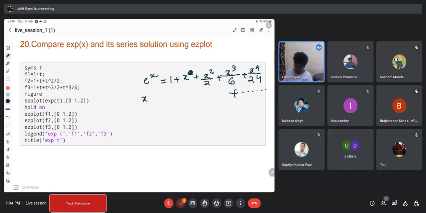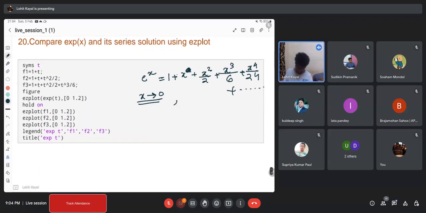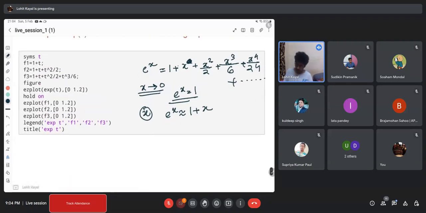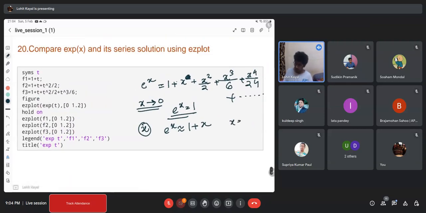Now when x tends to 0, e to the power x equals 1. We all know that. For small values of x, I can approximate e to the power x as 1 plus x. Suppose x equals 0.001.